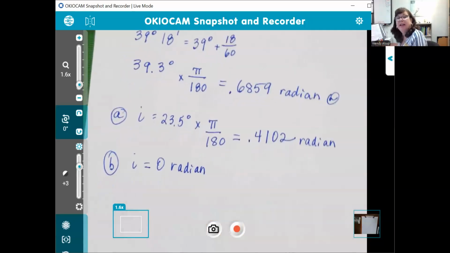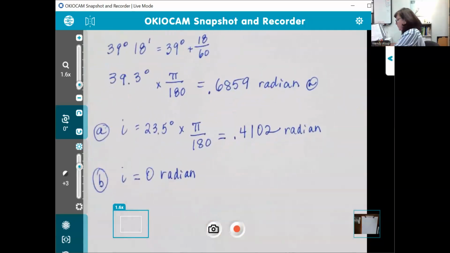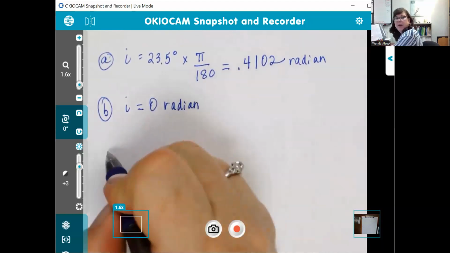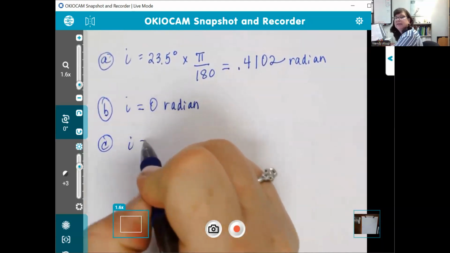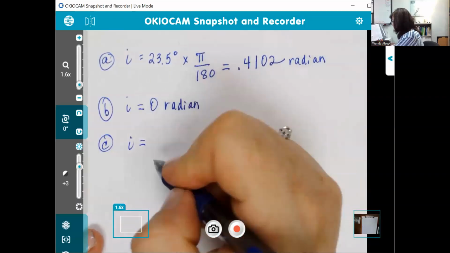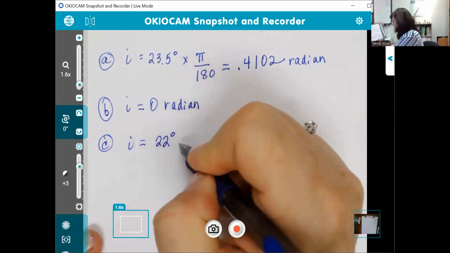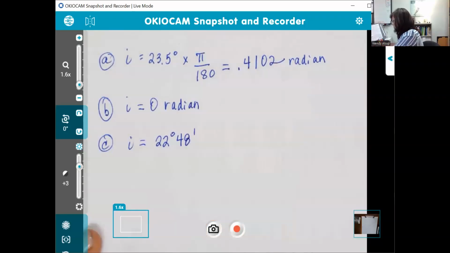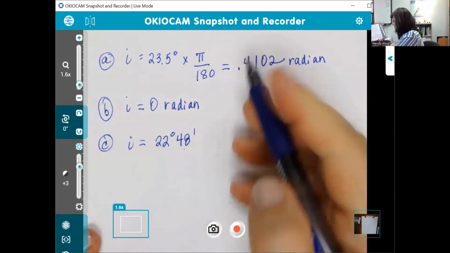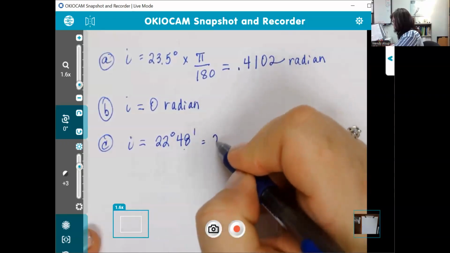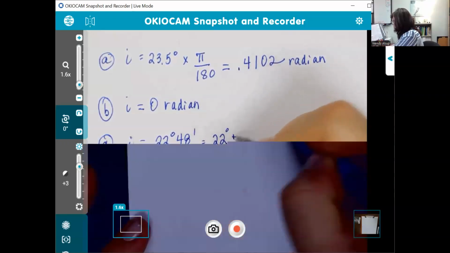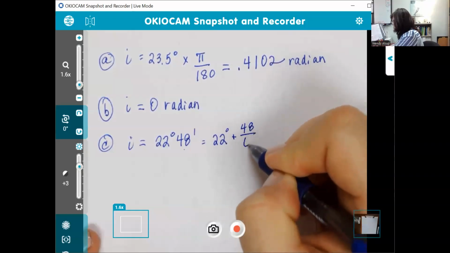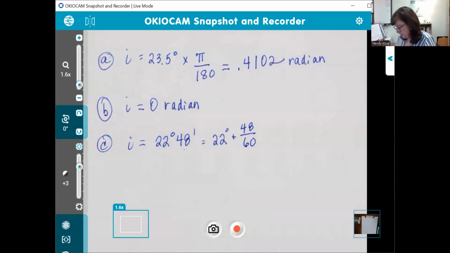And then for my letter C, my I is 22 degrees, 48 minutes. So switch it to decimal: 22 degrees plus 48/60ths of another degree. Let me double check my math.